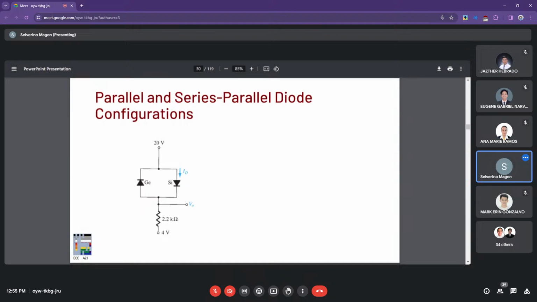Minus the voltage drop across the 2.2K right here. So that's your VO right there. Right. So the determining factor is that the silicon diode is the one turned on, and we just disregard the germanium since it's in reverse condition.